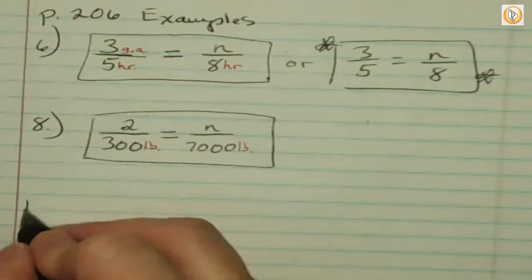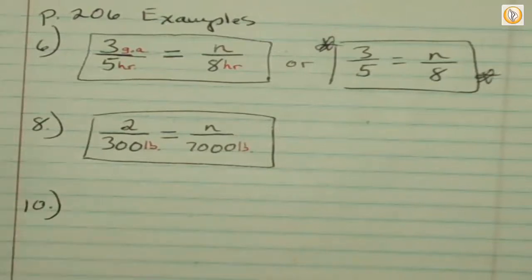All right, let's look at 10. Izzy, read 10. If it took 40 pounds to receive 5,000 yards, how many yards could be received in 205 pounds?